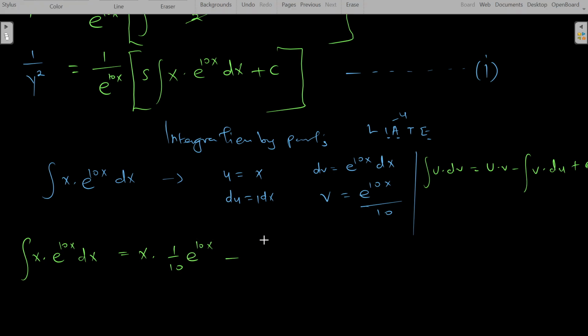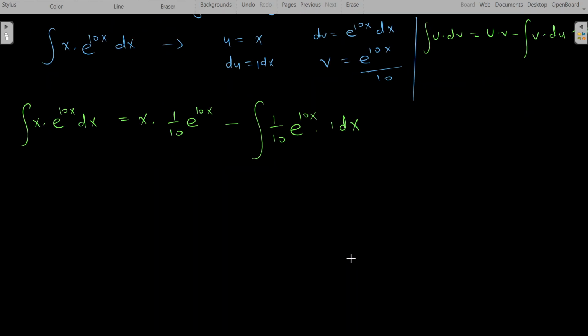Then I subtract the integral of my v, which is 1/10 e raised to 10x, multiplied by my du, which is 1 dx. So let's smile a bit, because we're not going to perform a second integration by parts. It's quite easy.